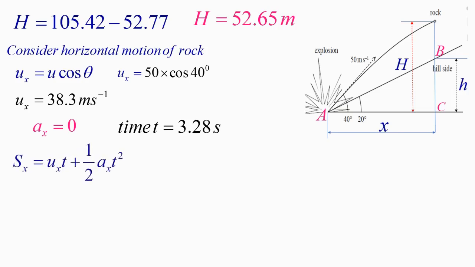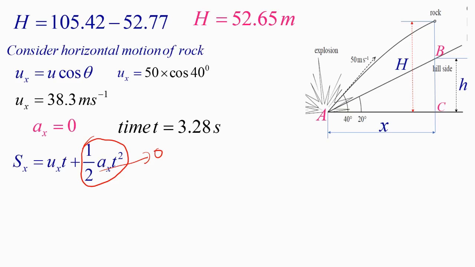From this expression we know that s is equal to ut plus half at square. We can apply this equation to the horizontal motion. Sx is equal to ux t plus half into ax t square. Then we know that ax is equal to 0, so this complete part turns to 0.